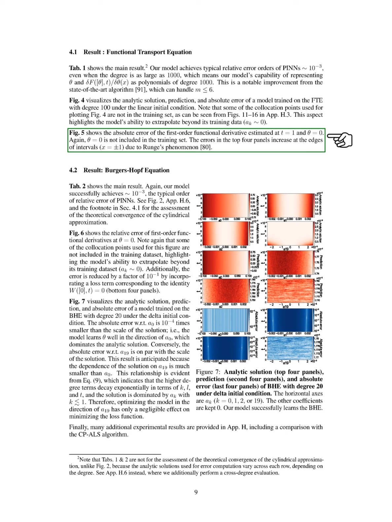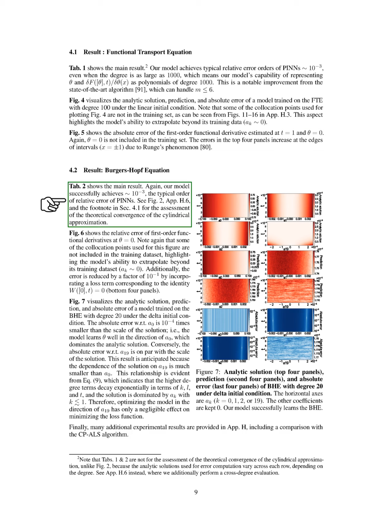Section. Result. Burgers-Hopf equation. In this section, we present our main result related to the Burgers-Hopf equation. Our model achieves a relative error of about 1,000th, which is typical for physics-informed neural networks, PINNs. We assess the theoretical convergence of the cylindrical approximation in our figures and appendix.